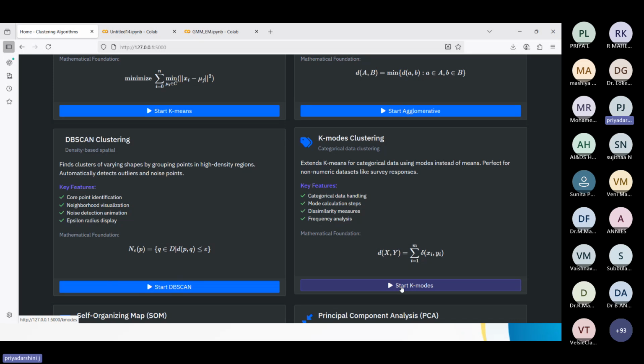Even in a jewelry shop, they ask for reviews, and you give a scale of 1 to 5. Anywhere you go, a feedback system is a must nowadays. For those kinds of repeated data, we go for K-mode.